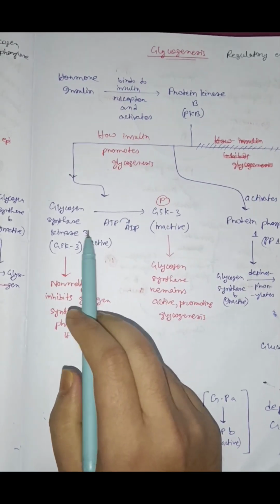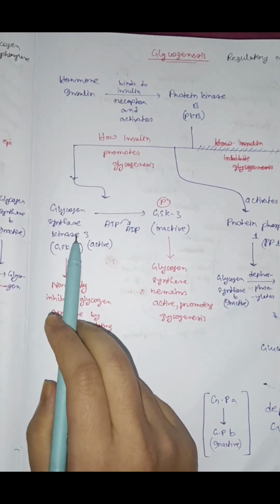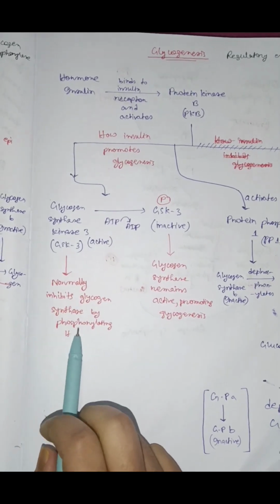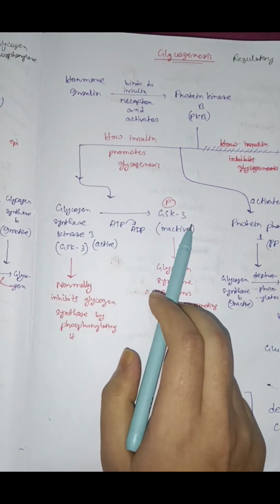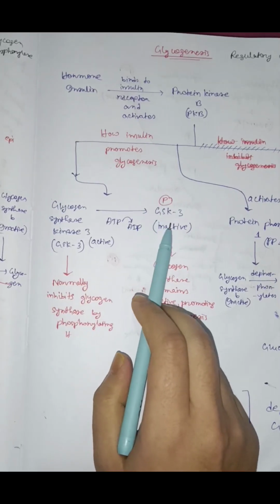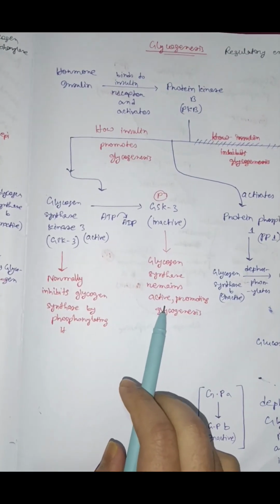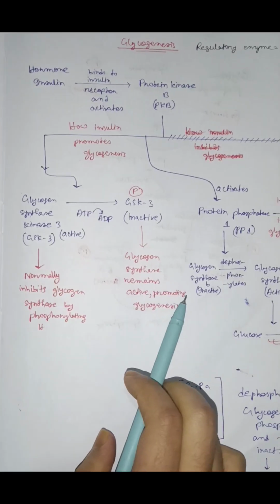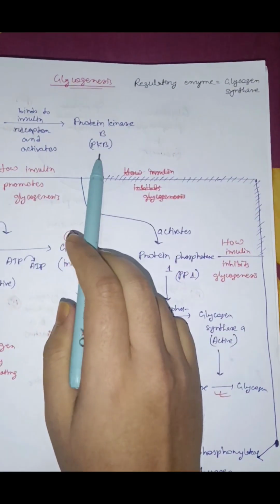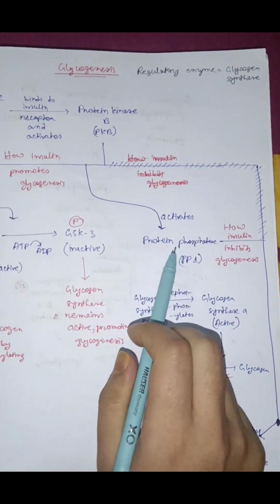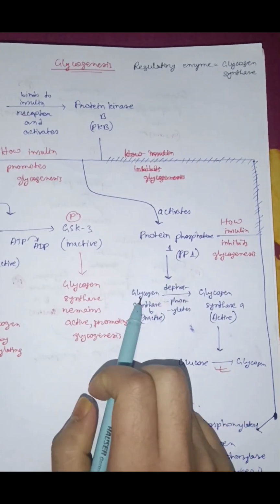Normally when GSK3 is active, it can inhibit glycogen synthase by phosphorylating it, but after the phosphorylation of GSK3 it becomes inactive, and therefore glycogen synthase remains active, promoting glycogenesis. Now PKB also activates protein phosphatase 1, that is PP1.